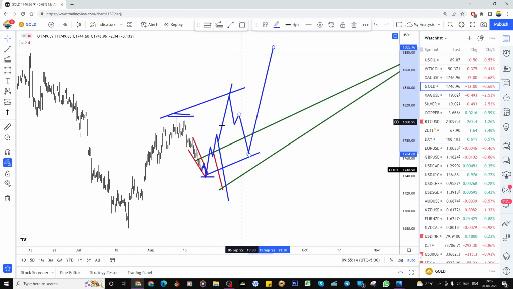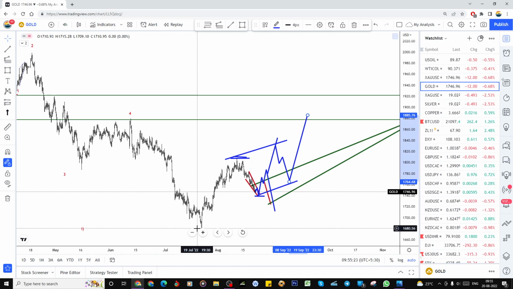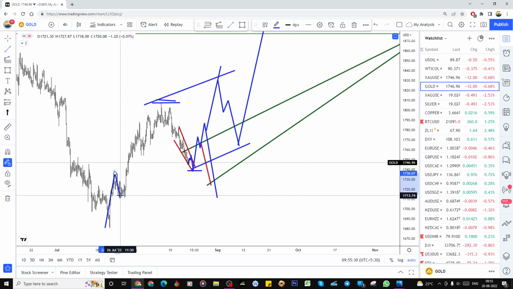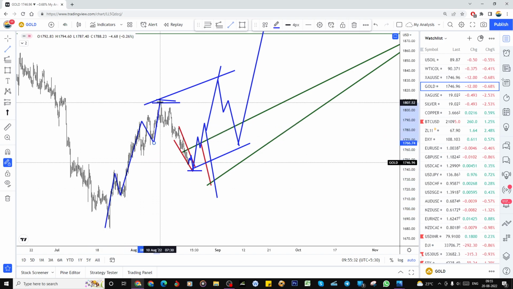So what I'm expecting here is the correction part. Once the three-wave structure is completed, we need to be on the buy side with a strict stop loss. It's looking like a five-wave structure here, so 1 2 3 4 and 5.